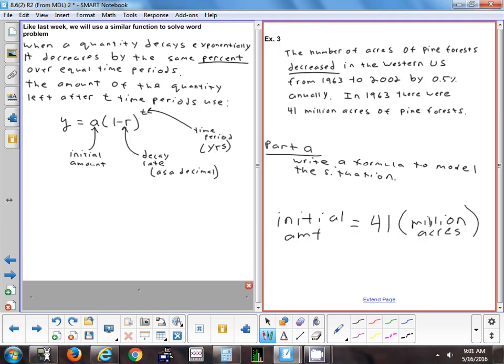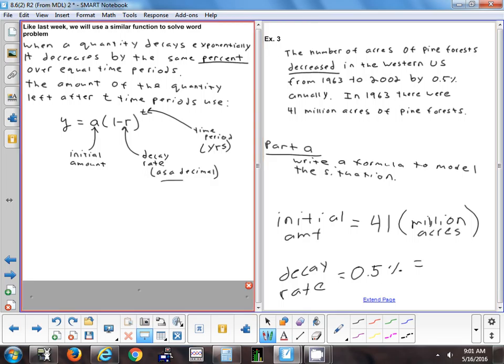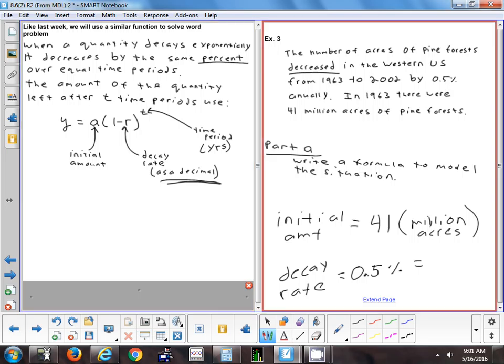How about a decay rate? Do I have a rate of decay, or how much of the forest I'm losing every year? Yep, we're losing 0.5% every year. Now to change that to a decimal, which the directions say we've got to do, I move the decimal 2 places which way? Yep, to the left. So what's that going to become?